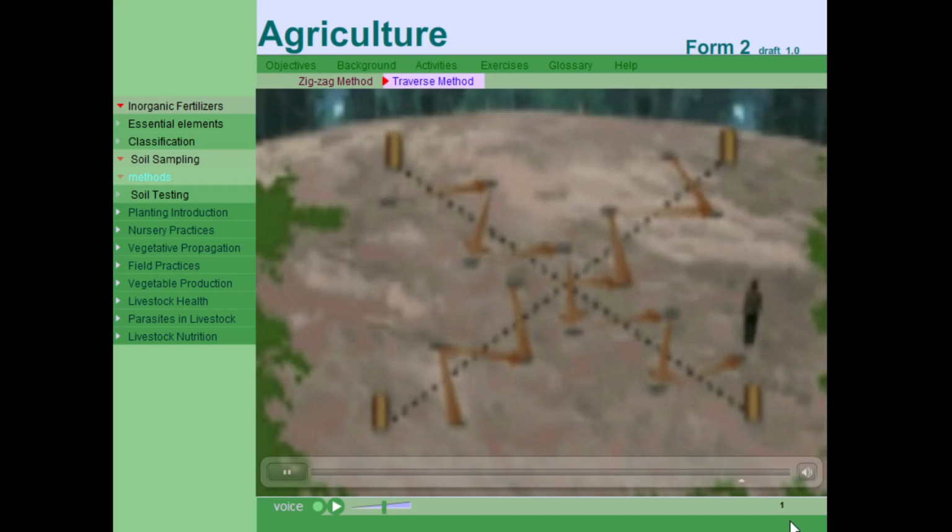The process of soil testing involves the following steps: registration, storage, preparation, analysis, and report writing.